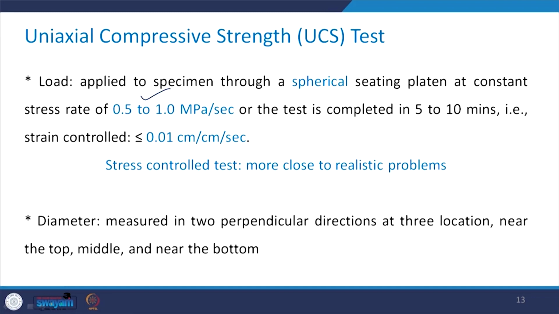That is, it is strain controlled, which means that the strain rate is less than or equal to 0.01 centimeter per second. See, we are talking about the strain rate. That means it is the strain per unit time. Please do not make a mistake.